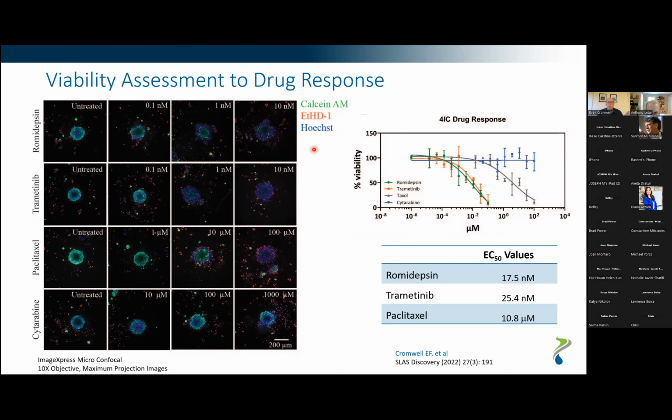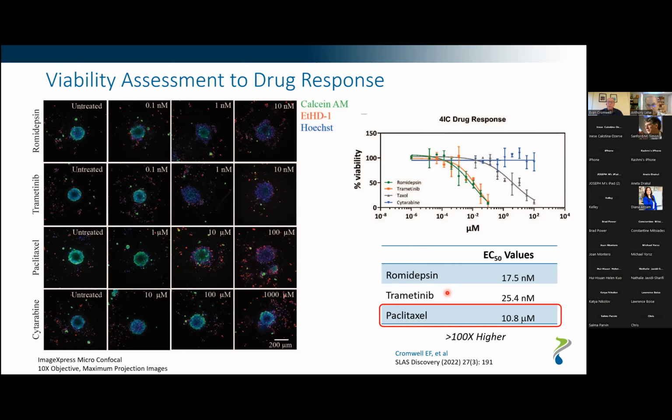And so if you looked at the drug response here, what we saw was toward expected values for romidepsin and trametinib. But when it came to paclitaxel, we saw about a factor of 100 higher than you'd expect for immortalized cell lines, MCF7 cells, et cetera.